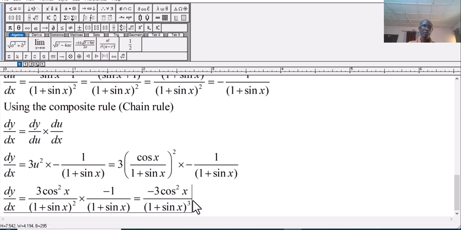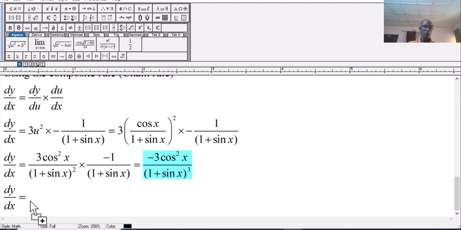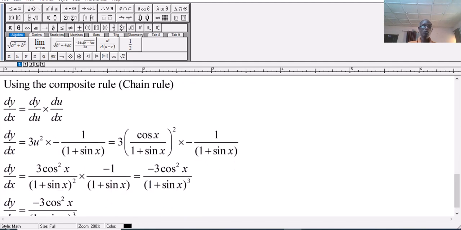So this is our dy/dx. So this is how to go about solving this problem.